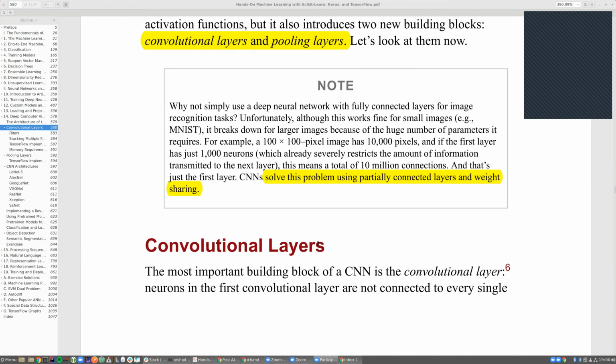Yeah. So basically, the issue is, let's say you had an image with something in the top left-hand corner, and you trained your network on that. Then the weights that were connected to that part of the image would get activated.